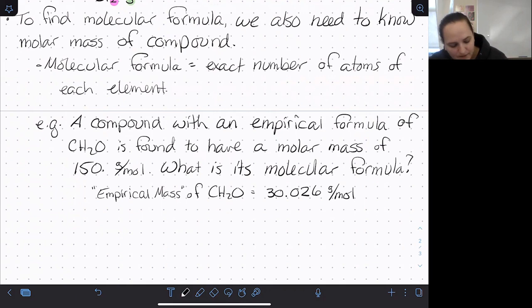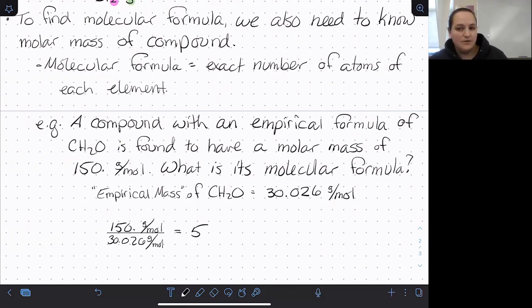So if we take the molar mass, which we were given as 150, and divide that by the quote-unquote empirical mass of the empirical formula, we get something really, really close to 5. It comes out to like 4.9999 or something, but really close to 5.